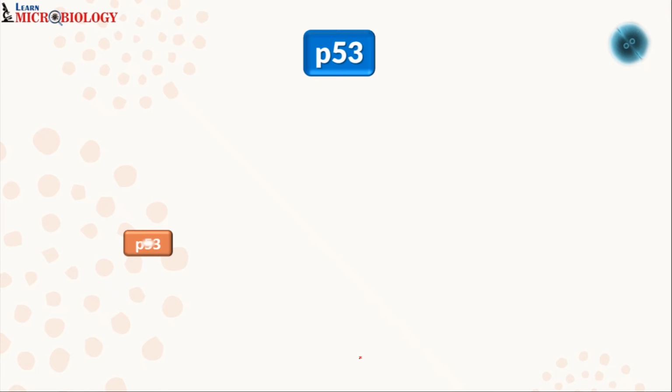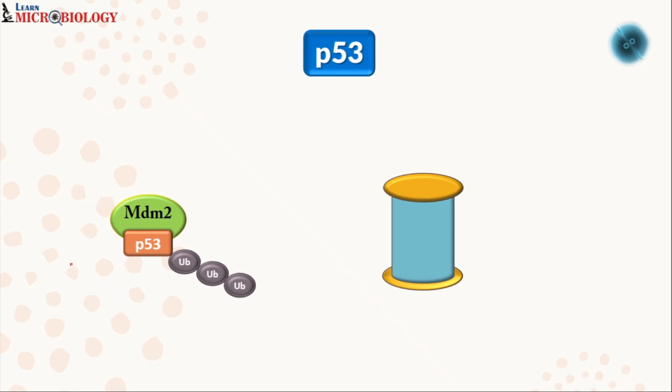So here we have a p53 protein. Now this protein is held by another protein component called MDM2. Now MDM2 is a negative regulator of p53. Once MDM2 finds any p53, it will bind to it and it will lead to the ubiquitination of p53. Now what is ubiquitination?